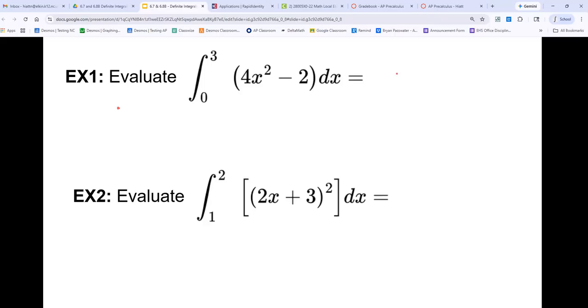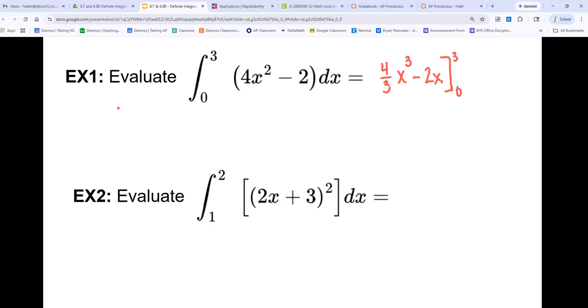So I will increase my exponent by 1, just like we were doing last night, and then divide out front by that new exponent. So I'll have 4/3 x to the third. What do I get when I integrate the 2? 2x. And then I like to put my bracket right here where I've got 0 to 3.